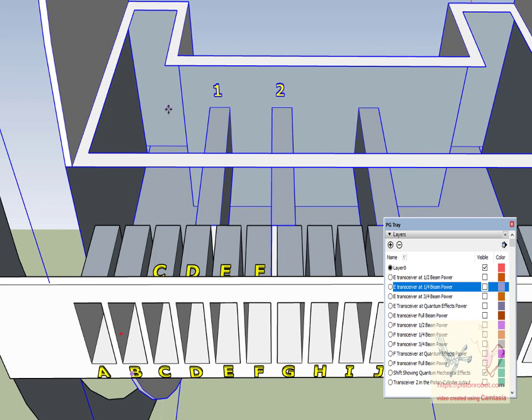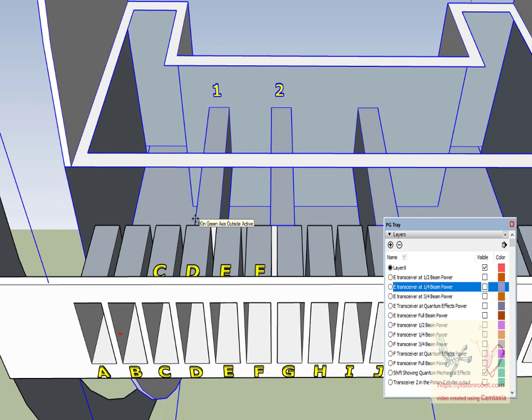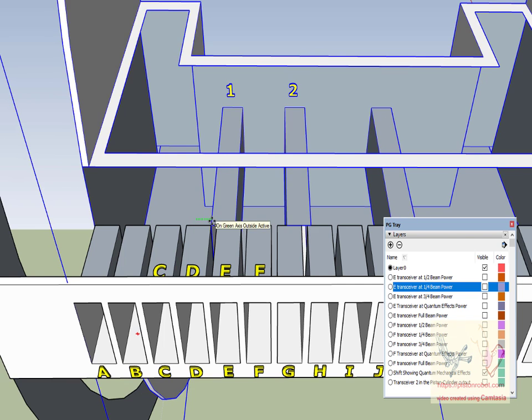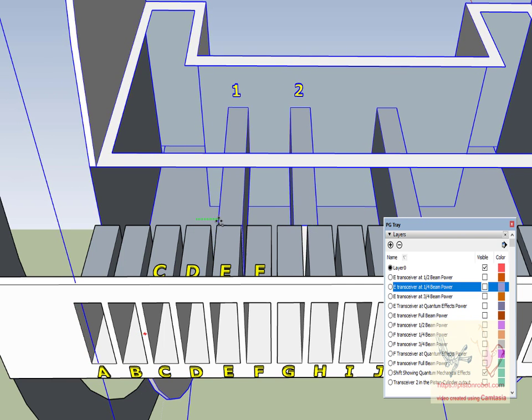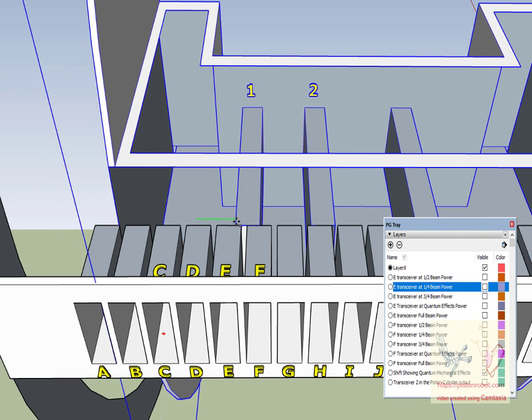And if you look at the distance that it moved, we know that this distance, not in these drawings, but in reality, is 2 millimeters. So when we move the piston over, the edge of this piston transceiver channel moves from here, about 2 millimeters, all the way over to here, which is another 2 millimeters.